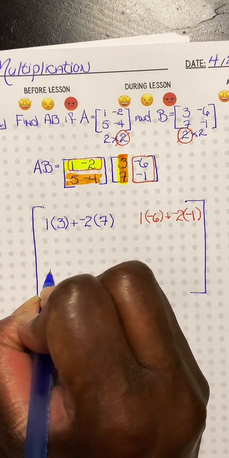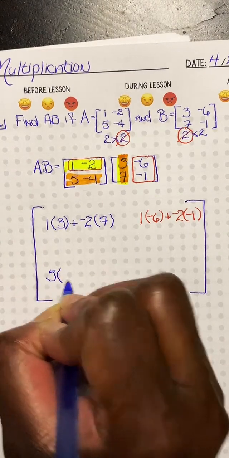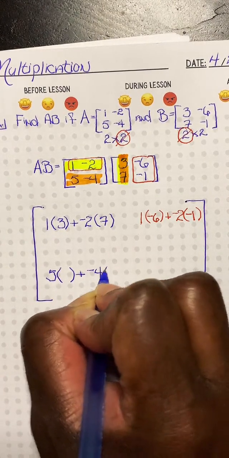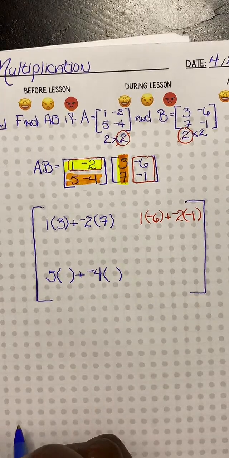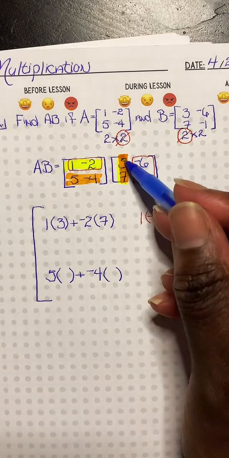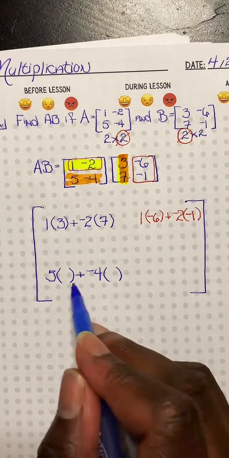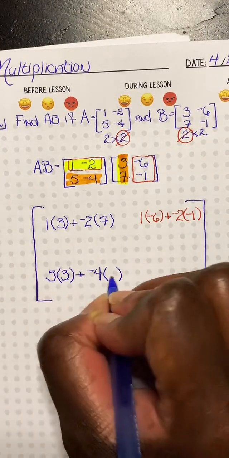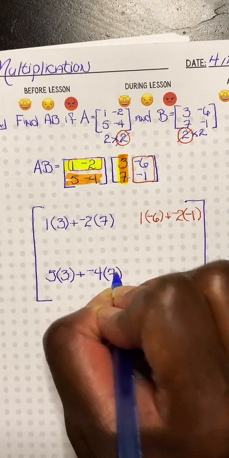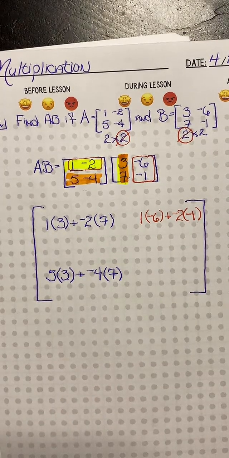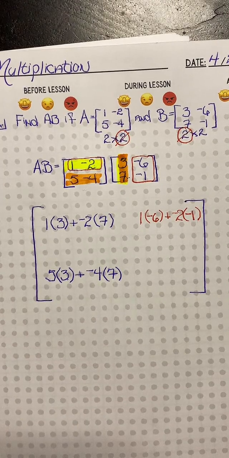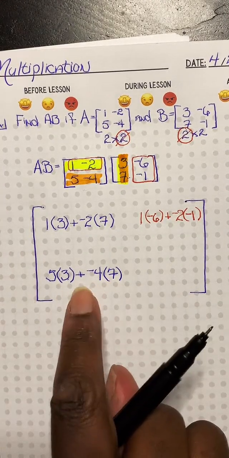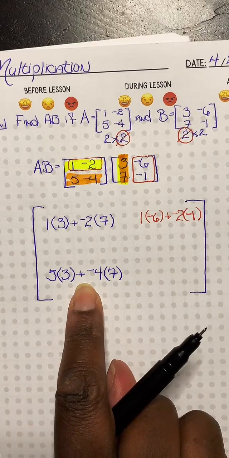So I'm taking my 5 and my -4. So now I'm putting in my first column inside the parenthesis. So you got 3 and 7. So the answer to that is going to be the second row, first column.